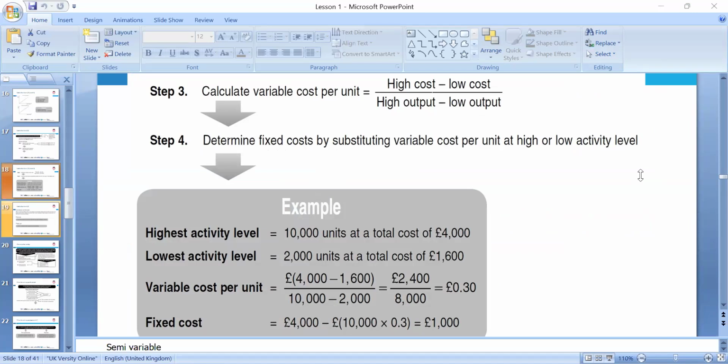So if we look here, high activity is 10,000 units to produce and the total cost is 4,000 pounds. If I produce 2,000 units, it costs me 1,600 pounds. So now I do 4,000 minus 1,600, the difference between high and low cost. Always we divide cost divided by activity. Some people put activity divided by cost, that's the wrong way.